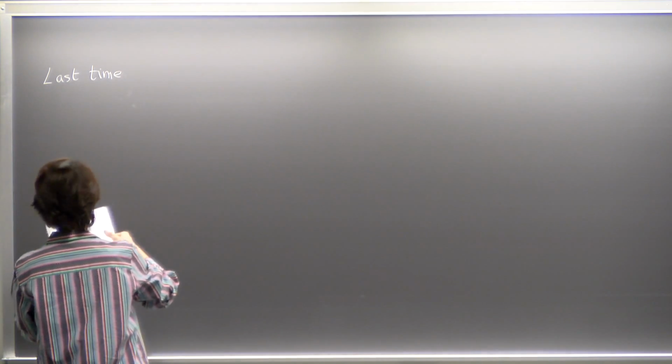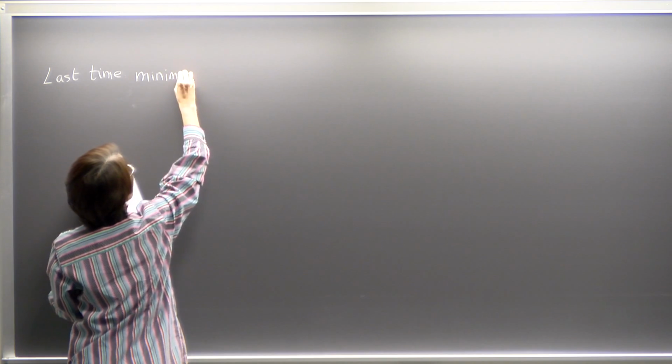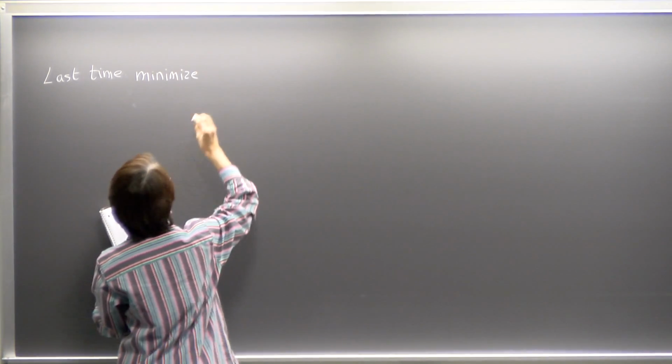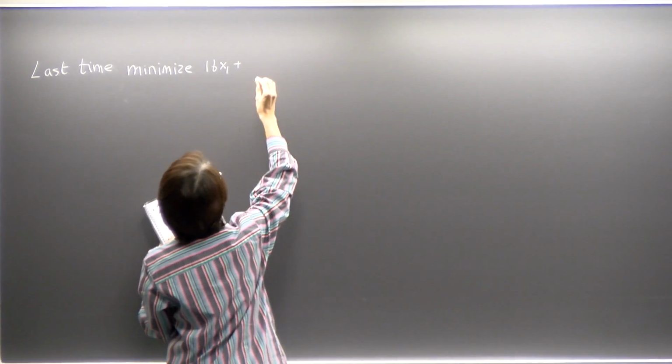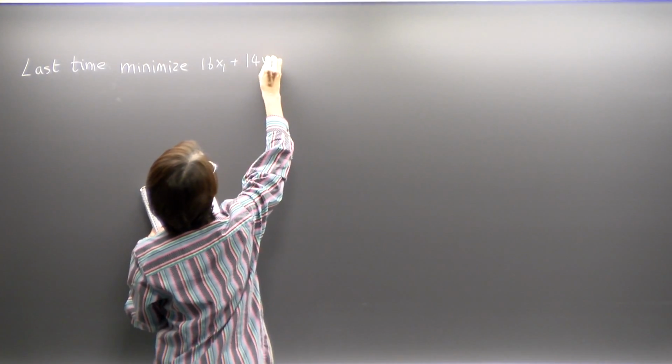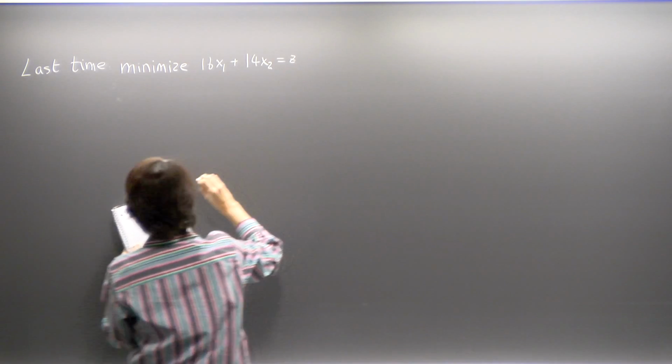We're going to do that. So we have the problem: minimize 14x1 plus 14x2. That's z.